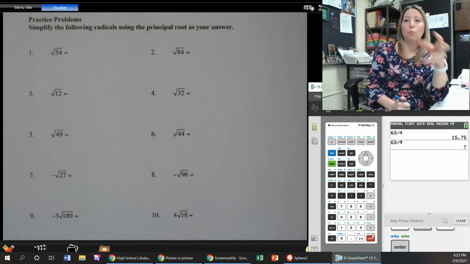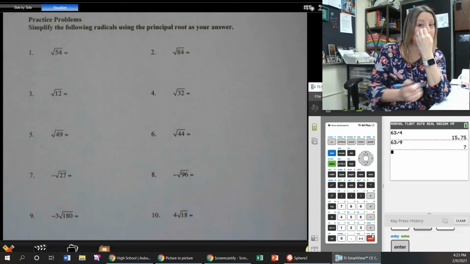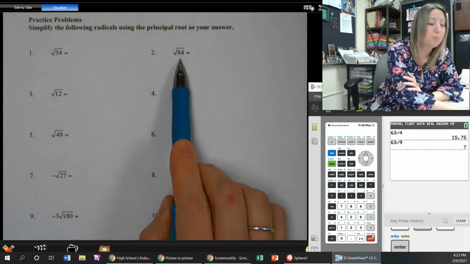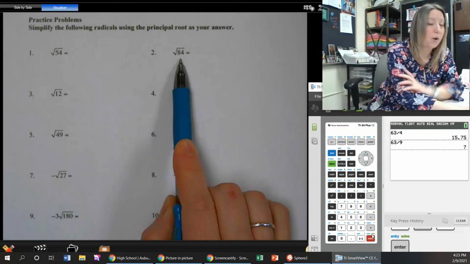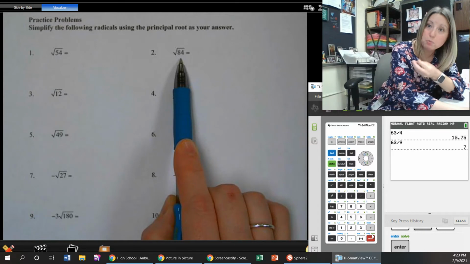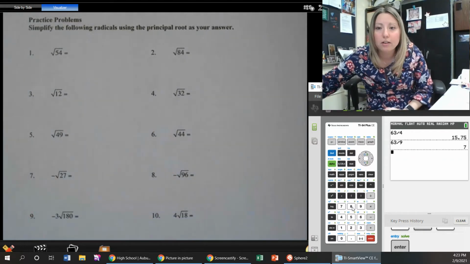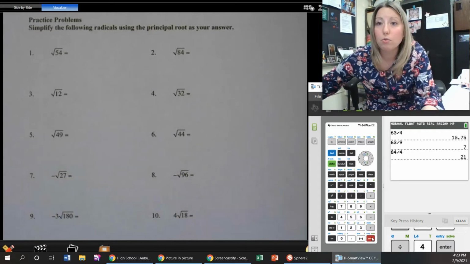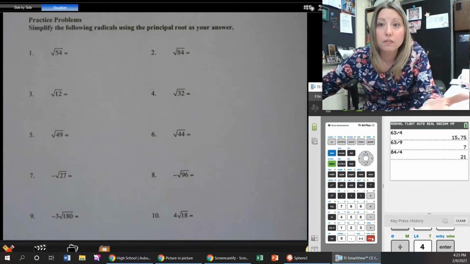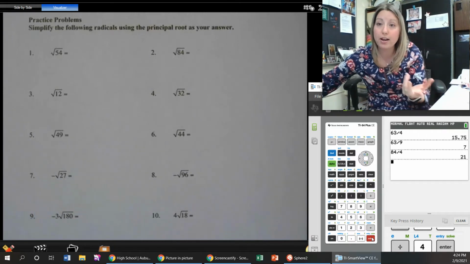Now, when you see a radical, you should immediately ask yourself, is the radicand a perfect square? Okay, 84 is not a perfect square, but is 84 evenly divisible by any perfect squares? Well, let's try it. So 84 divided by 4 is 21. There's a perfect square that divides evenly into 84, my radicand.